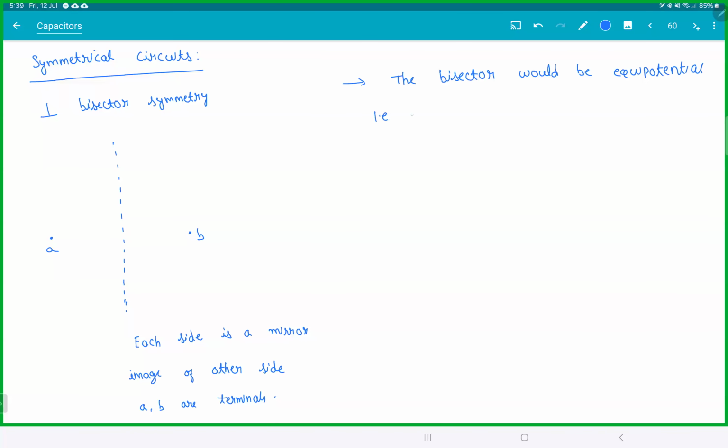That is, all nodes on that line have the same potential. Therefore, any element between them can be removed. So if you kept a capacitor between those two, for example, you kept a capacitor like this, you can remove that.